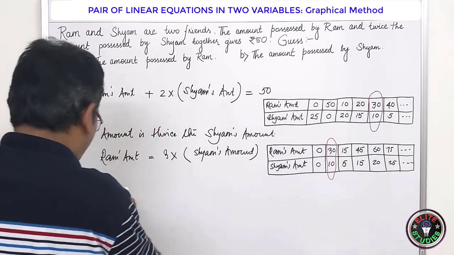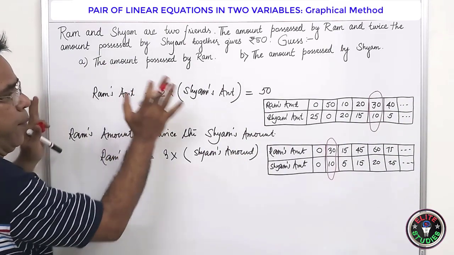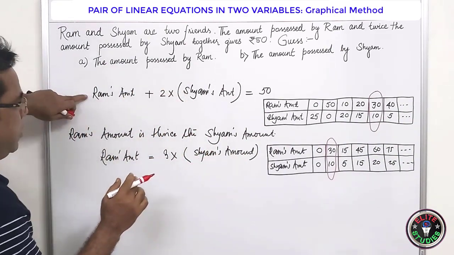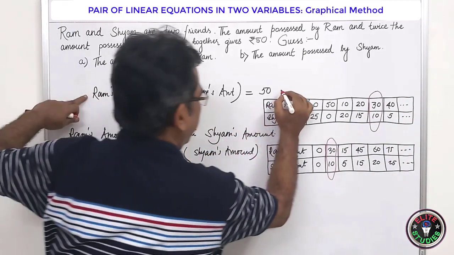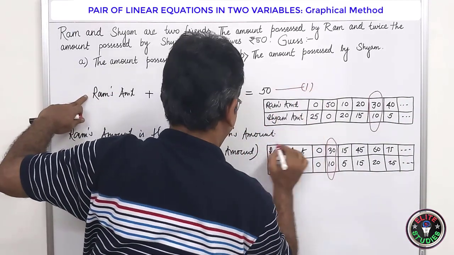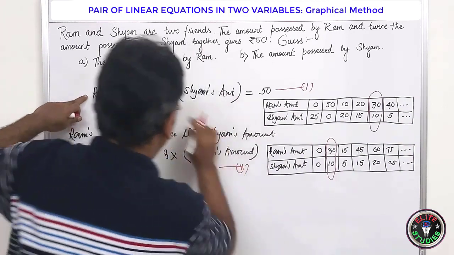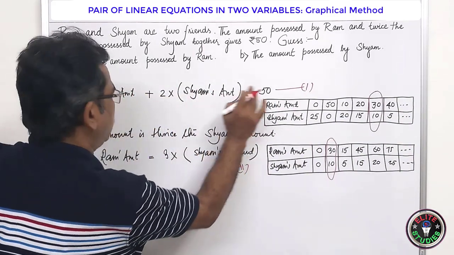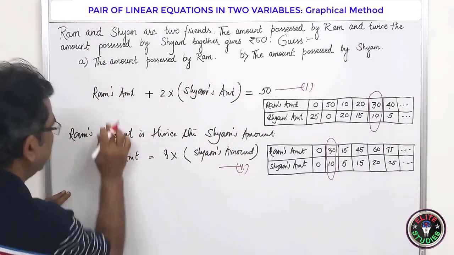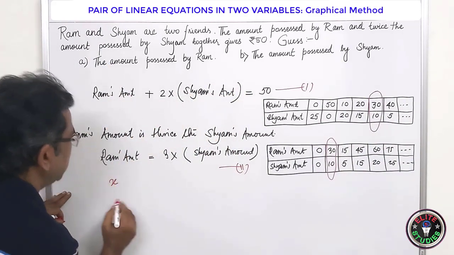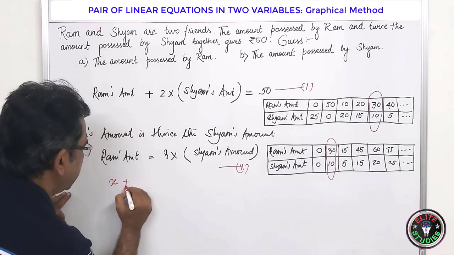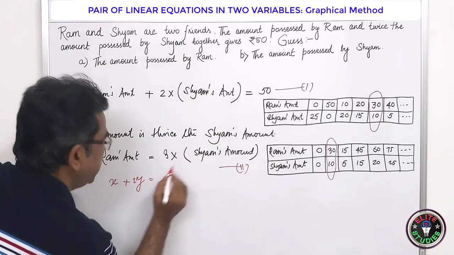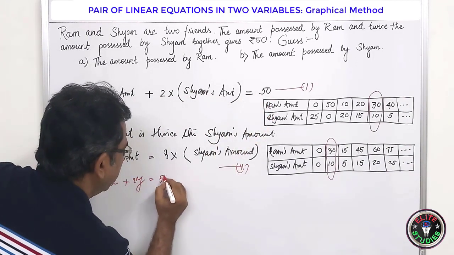So if you try to write this whole thing mathematically, how can we write? This condition is 1 and this is 2. If Ram's amount is, suppose, x and Sam's amount is, suppose, y, then this can be written as x plus 2y is equal to 50.